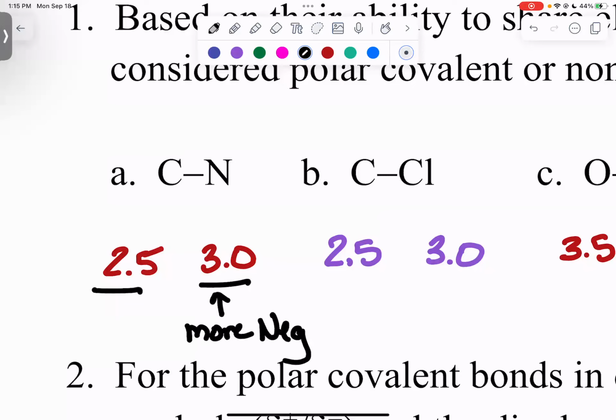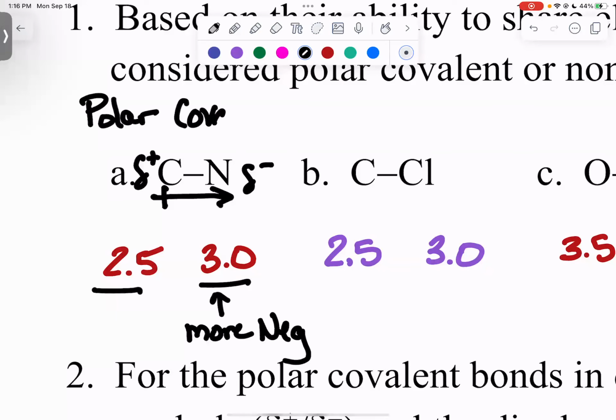So whichever atom is more negative, those electrons are going to hang out with the one that's more negative. And so we make this little arrow and we say the nitrogen's more negative, carbon's a little bit positive. So we should say that they're not sharing those electrons equally. The electrons are hanging out more with nitrogen than they are with carbon. So we say that this is polar covalent.